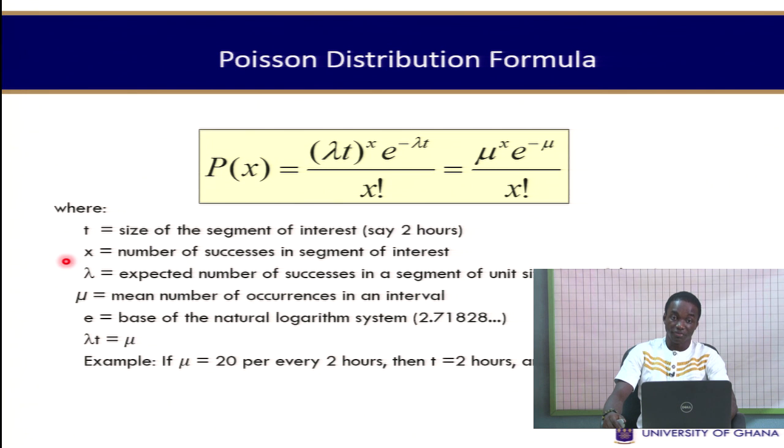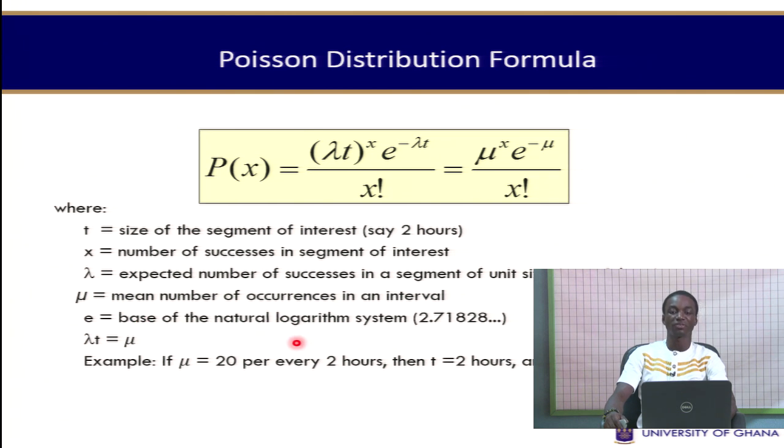Let's say I want the probability of 5 customers arriving within the hour. Lambda is the expected number of successes within the time interval, and mu is the mean number of occurrences in an interval. In fact, lambda and mu always go hand in hand.